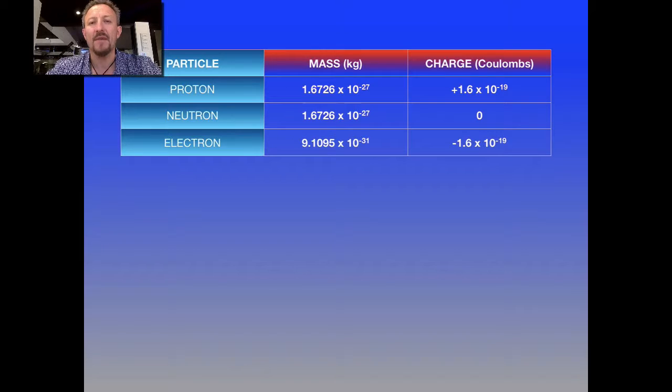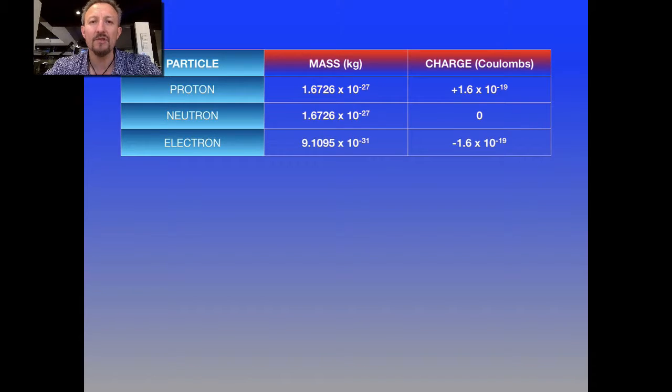You'll notice that the mass of the protons and the neutrons are identical, but the electrons are tiny compared to the protons and the neutrons. As a result, we say that the electron's mass is negligible in relationship to the mass of the overall atom. So when we often say that electrons have a mass of 0, it's not true, but they're so small we can ignore them.